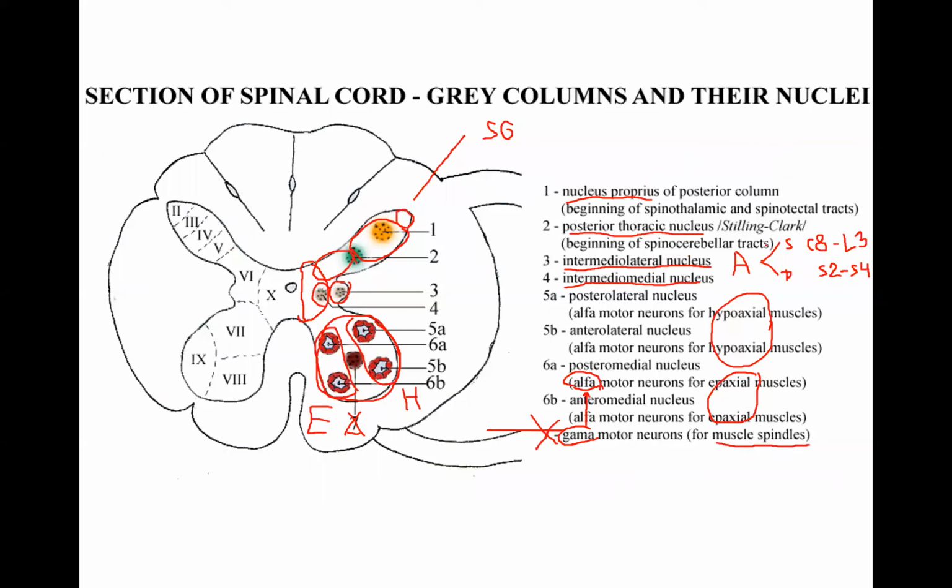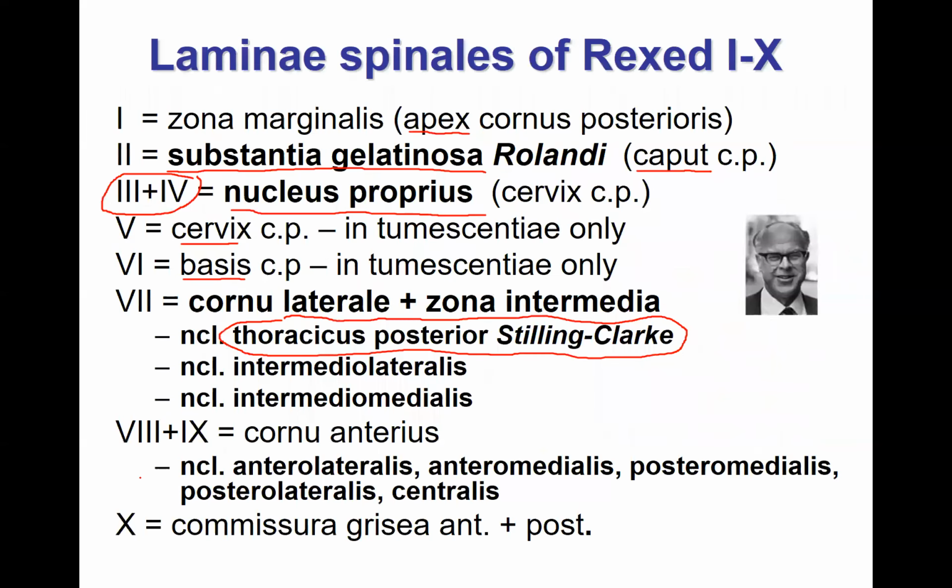So just to repeat, in the anterior horn we have 5 nuclei which are for somatomotor fibers.